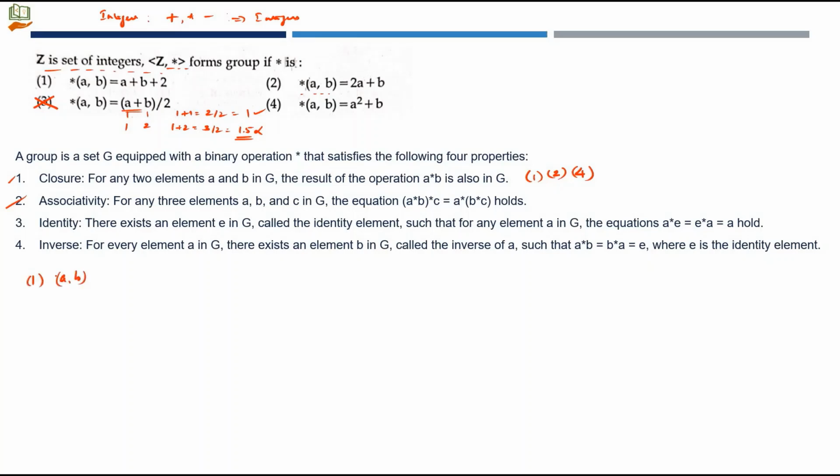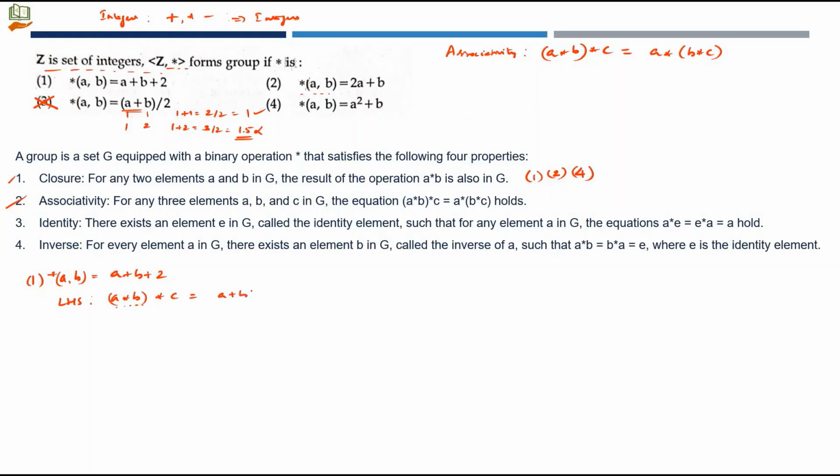A comma B under multiplication is A plus B plus 2. The associativity property states that (A into B) into C will be equal to A into (B into C). This is what we are going to check now. But we have only two elements, so we are going to work with that. Let's take the left hand side, (A into B) into C. What is A into B as per the question?